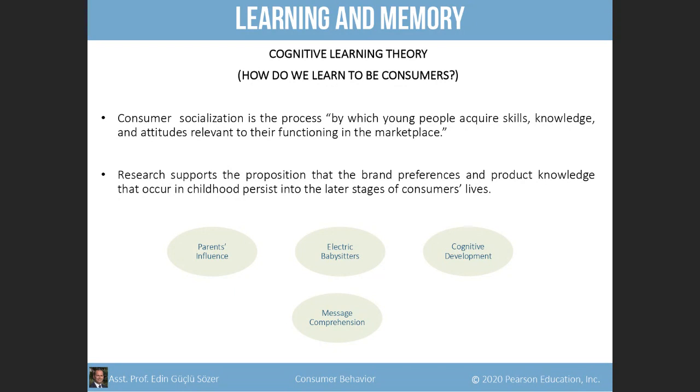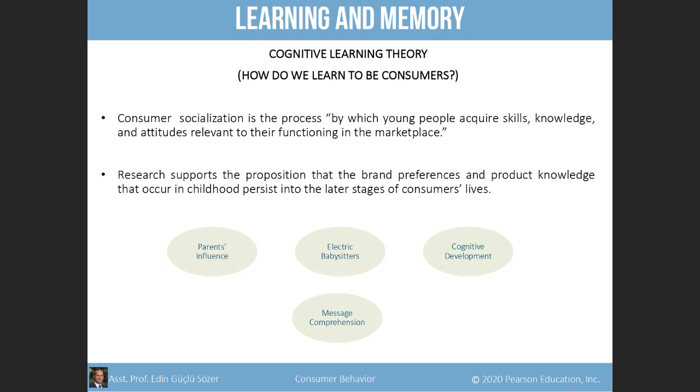This process is generally influenced by four types of factors. First of all, the parents' influence on us. Second, let's say, the babysitters. I mean, let's say the first experiences.